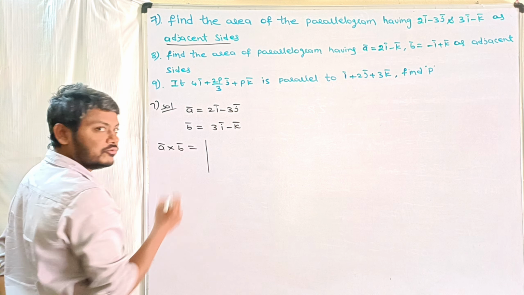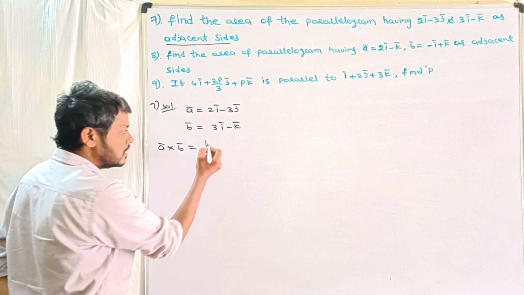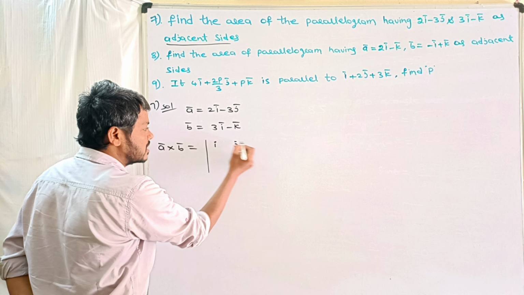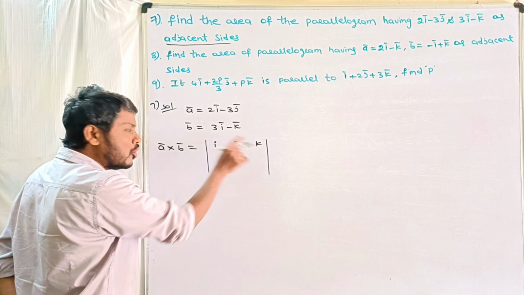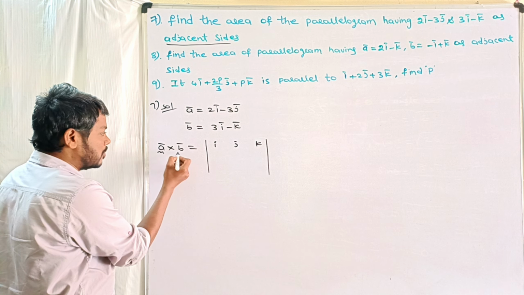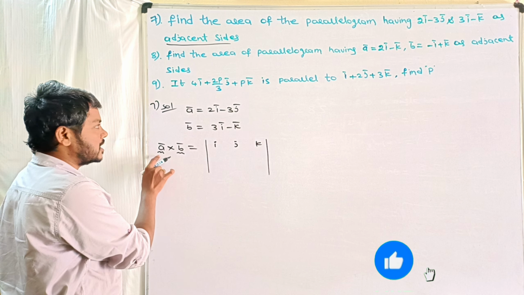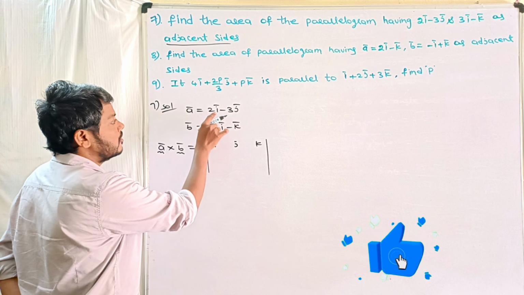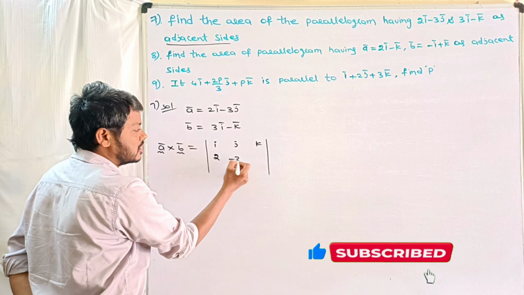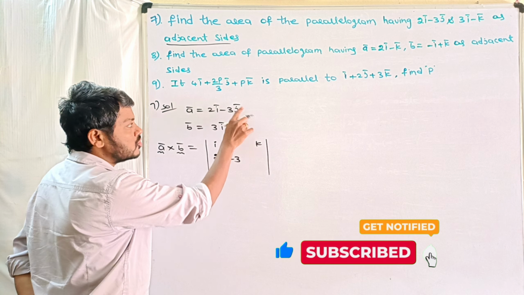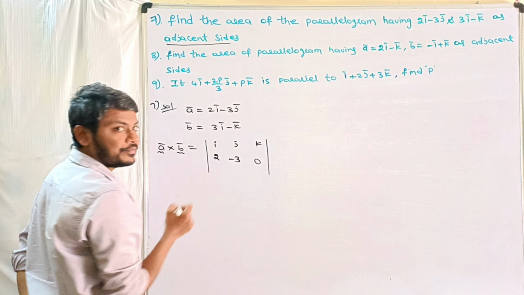We know that for cross, the first row is always IJK, and then write the IJK coefficients for vectors A bar and B bar. First, A bar vector coefficients. What is the I bar coefficient? 2. What is J bar? Minus 3 coefficient. And there is no K bar, you can write it as 0.